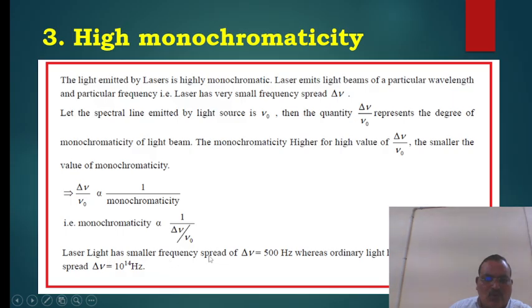Laser light has a smaller frequency spread, about 500 hertz, whereas ordinary light has a high frequency spread, it is 10^14 hertz. How much is the spread of your laser? It is 500 hertz, whereas the ordinary light has a higher frequency spread, 10^14 hertz.